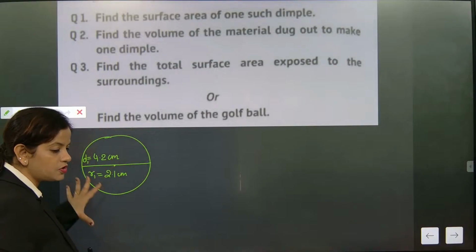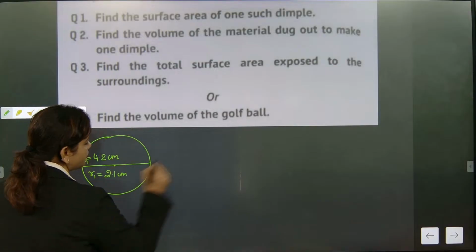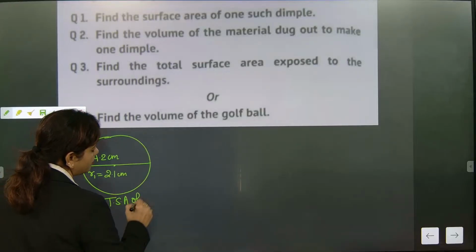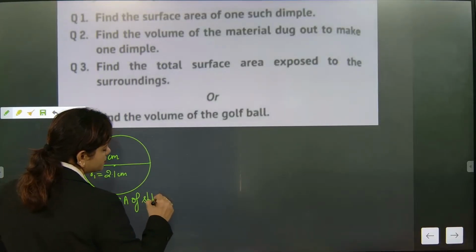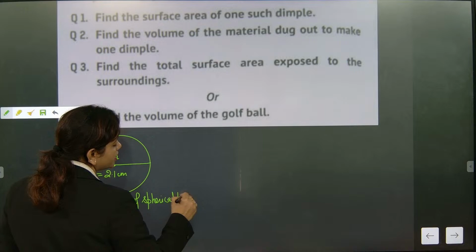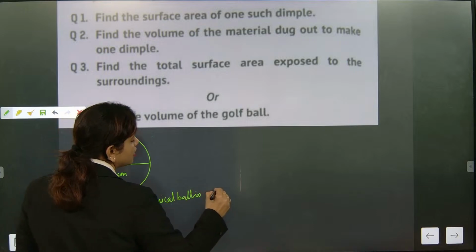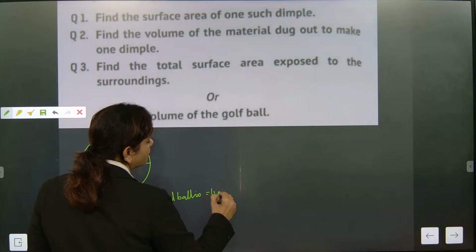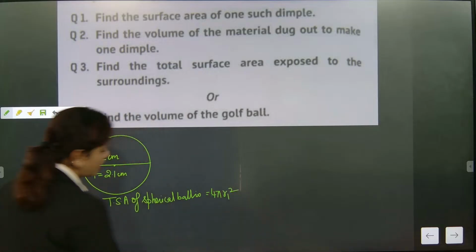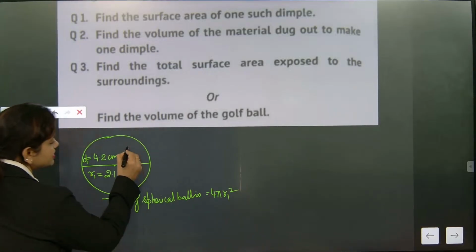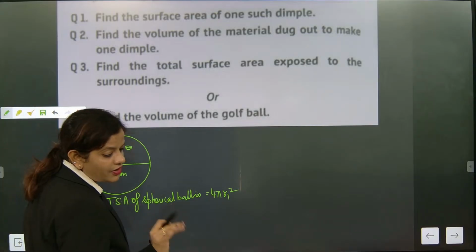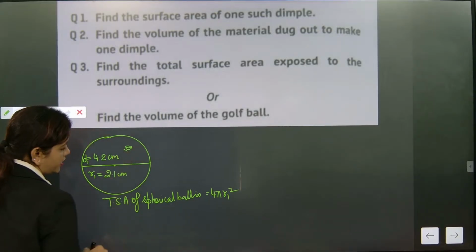If somebody asks for this sphere, the total surface area of the spherical ball is 4 pi r1 square. Understood? Now every single hump is present like this. Totally 315 humps or dimples are there.